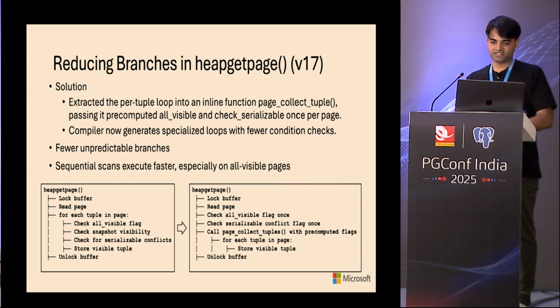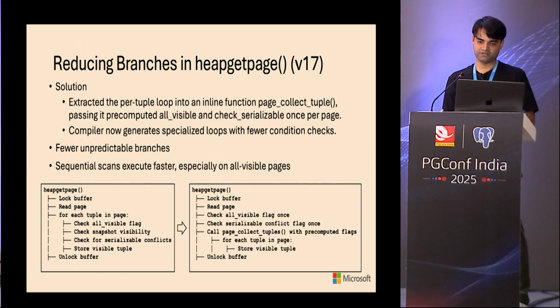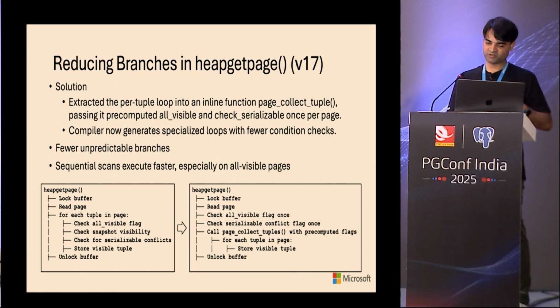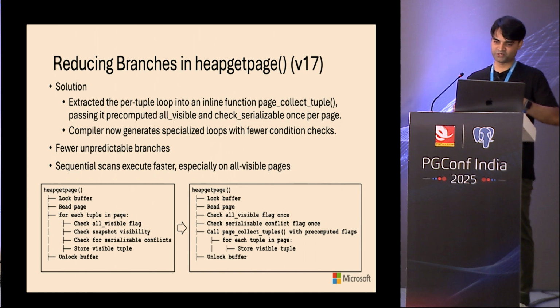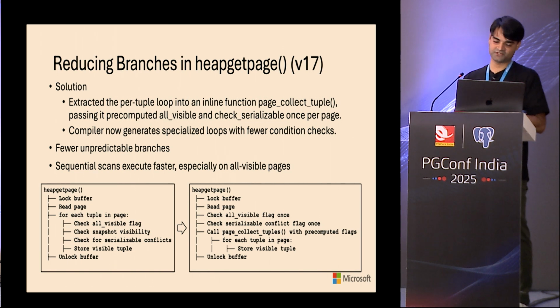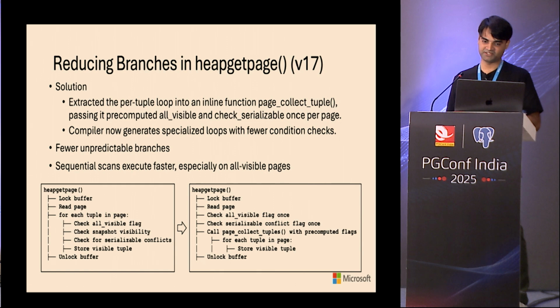In the new version, what we did is we created a separate function for this loop, and it takes two parameters: the all visible and check serializable flags. This is an inlineable function, and the compiler is able to create specialized versions for the different combinations of true and false values of all visible and check serializable.